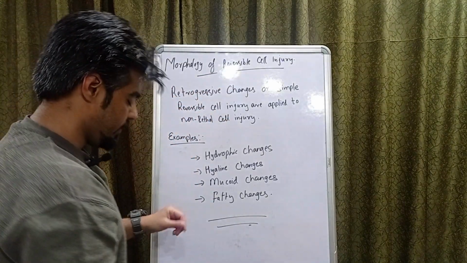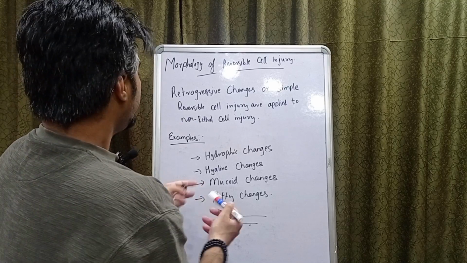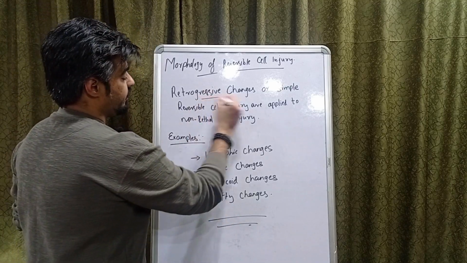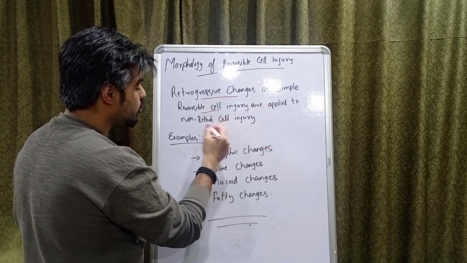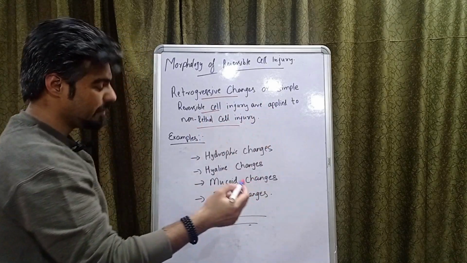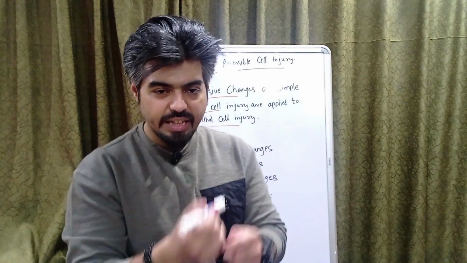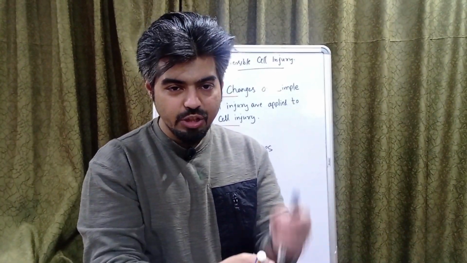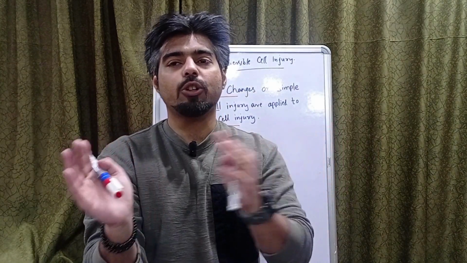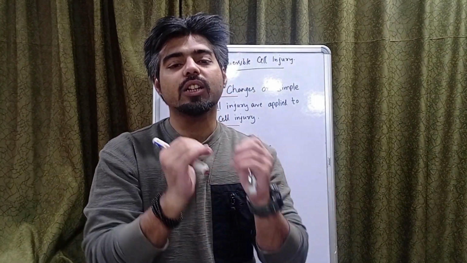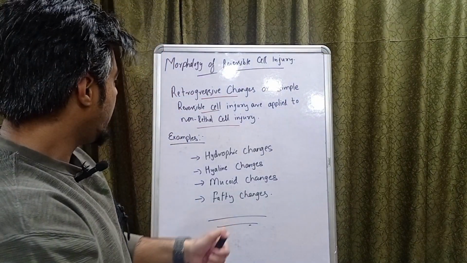What I have written here is simple. These are retrogressive changes, or simple reversible cell injury, applied to non-lethal cell injuries. As soon as the toxin or damaging product is taken away or treated, the cell gets back to its normal shape and functioning.